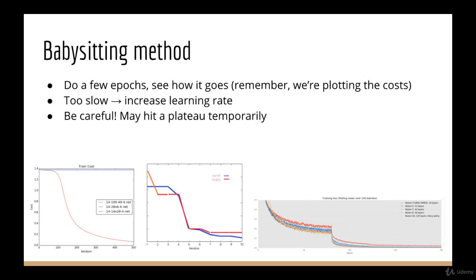Sometimes you might get stuck in a relatively flat portion of the error surface, but this could just be temporary. And if you're patient enough, you might end up getting a steep drop. But at the same time, this is not guaranteed. As with most things in machine learning, the answer is that behavior is data dependent. Waiting longer is desirable if you have the resources, because then you get a full picture of the learning process. So manual learning rate scheduling is also an option for you to choose from.